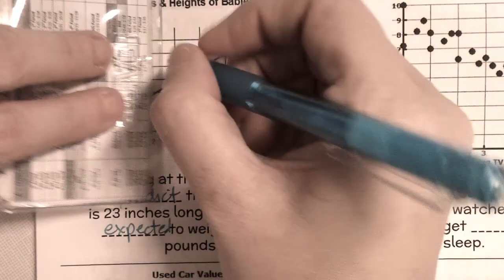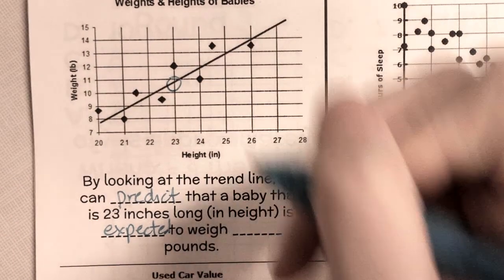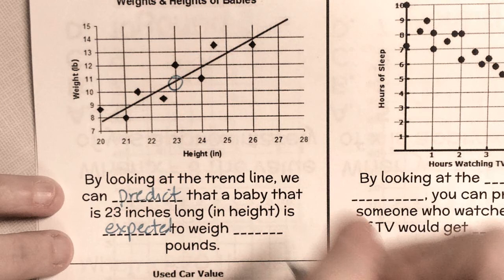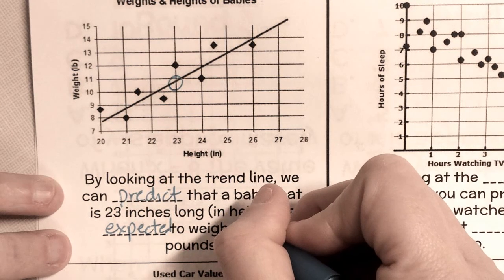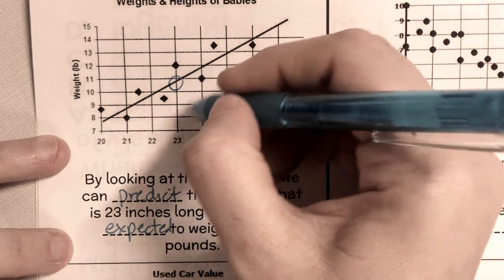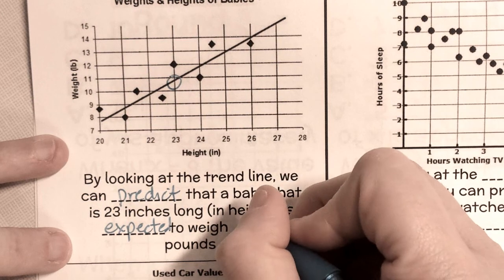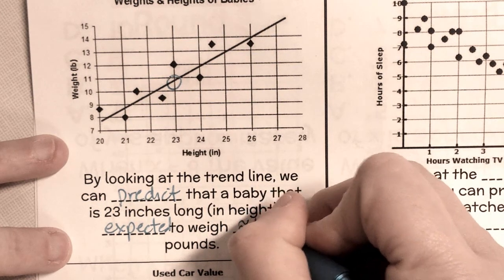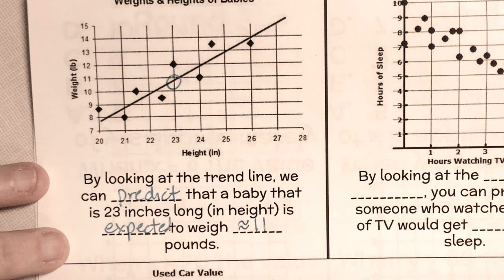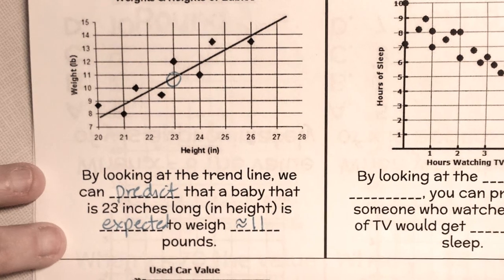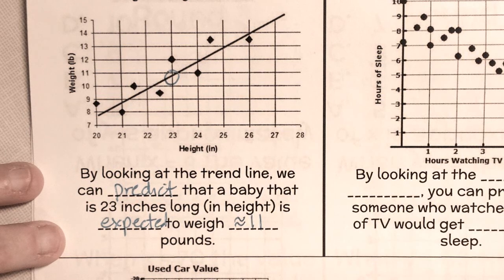Right here at 23 inches, it's about 10 to 11 pounds. So I'm going to say he weighs, closest to 11, about 11 pounds. Okay? You could say 10 to 11 pounds, that's fine. If it's multiple choice, you're going to look for an answer that's between 10 and 11 pounds.